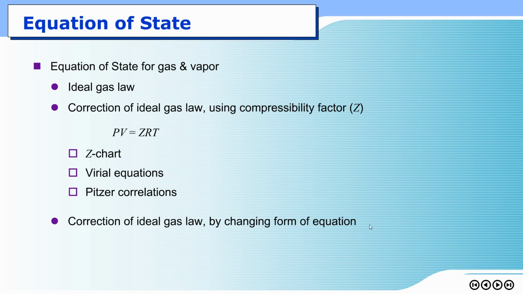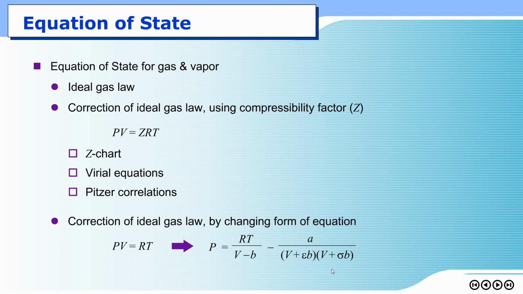Then, the second kind of modification of the ideal gas law is changing the form of the equation. Originally, the ideal gas law is in this form, but some scientists noticed that if they modified the form of the equation to make it more complicated, the equation would have a higher capability to fit the experimental data much better.